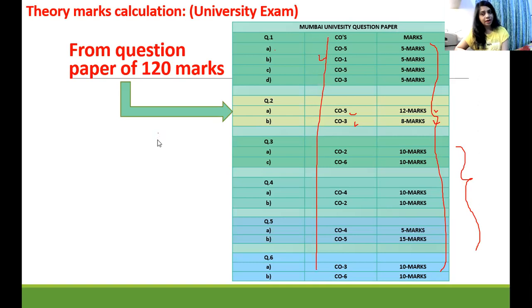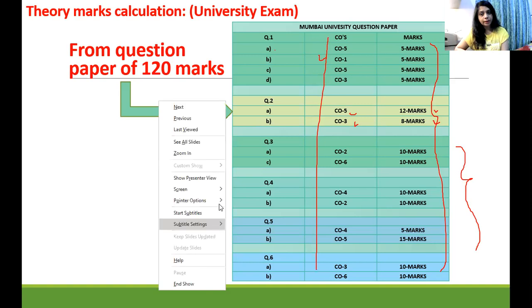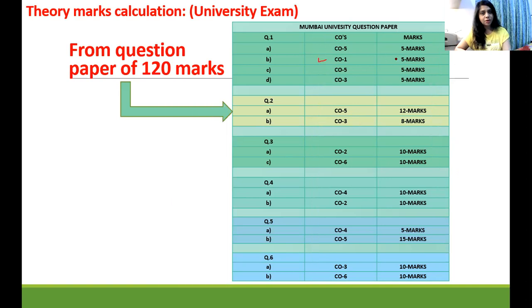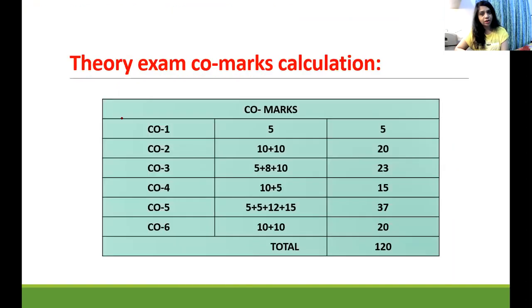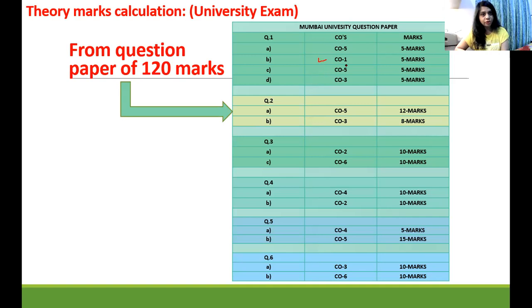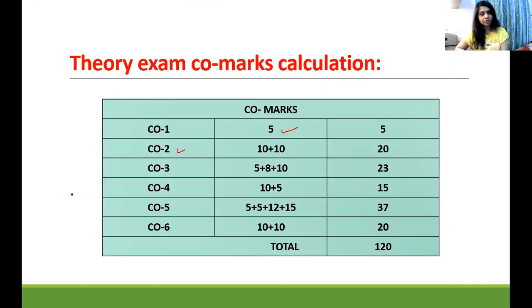So we can write CO1 and 5 here. Then check for CO2. CO2 is asked here and here, for 10 marks and 10 marks.